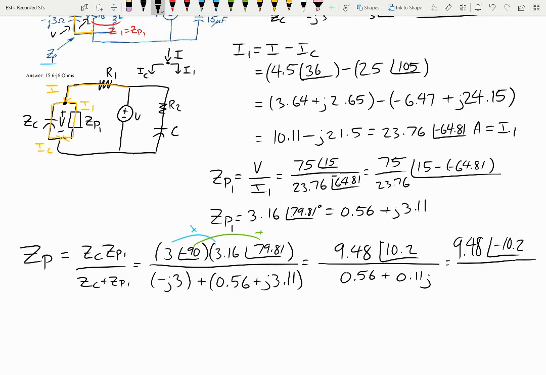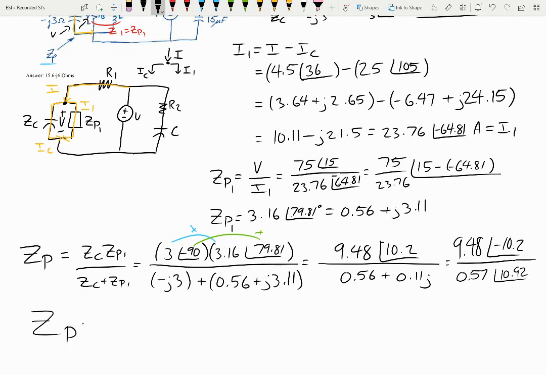And then whenever we break this down into phasor, 0.57 at angle 10.92 degrees.